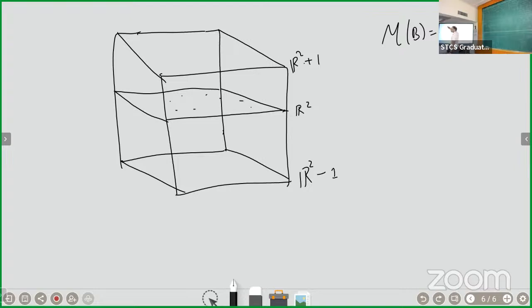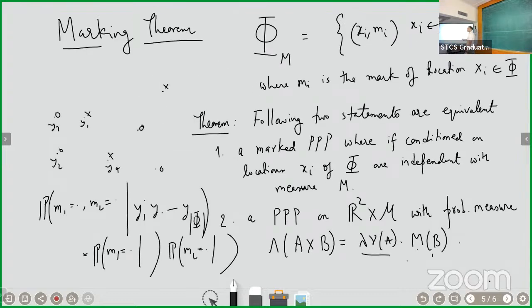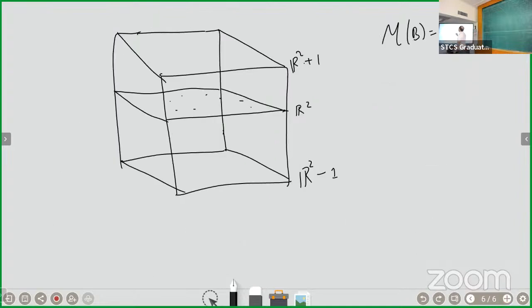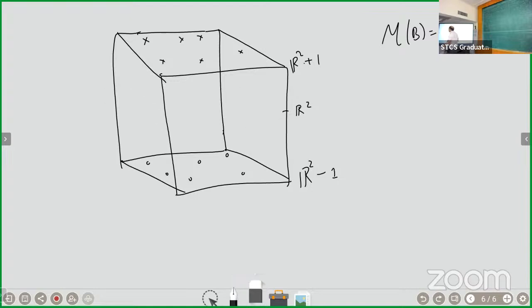But in the new process, some of them have been moved here, some of them have been moved there. So that's what the R2 cross M process looks like. But I know that on that R2 cross M, let's put a process here. This process itself, I can now forget about the middle process. Now this is my new process. Some points are lying above, some points are lying below. But I know it is a Poisson point process.